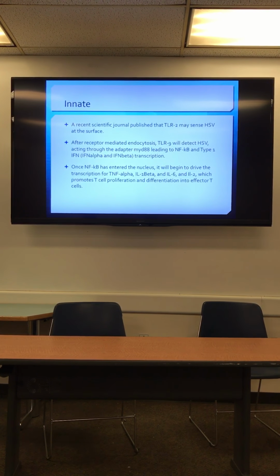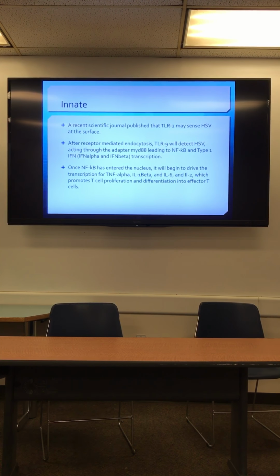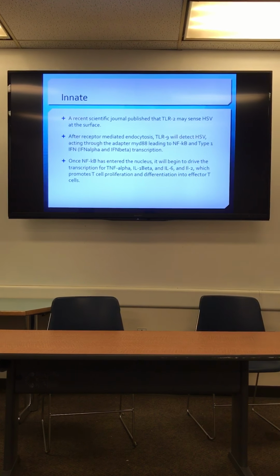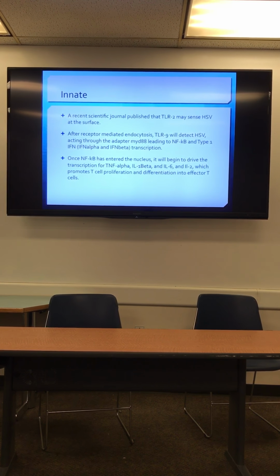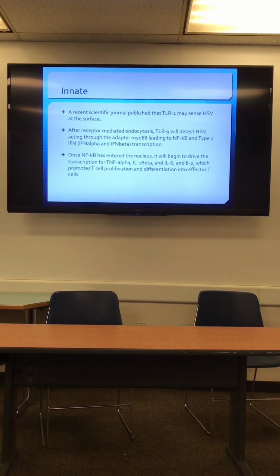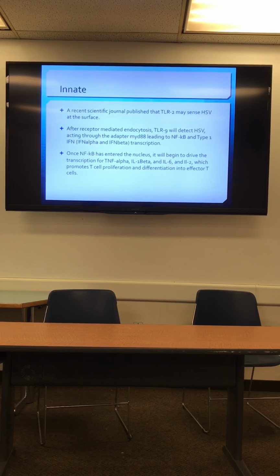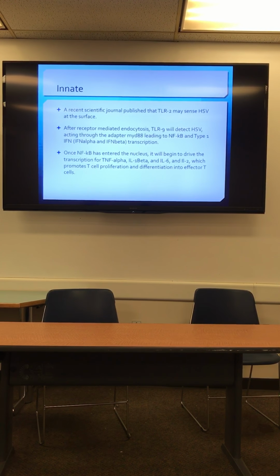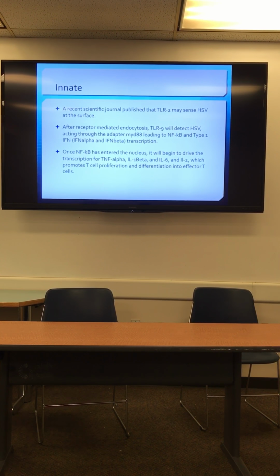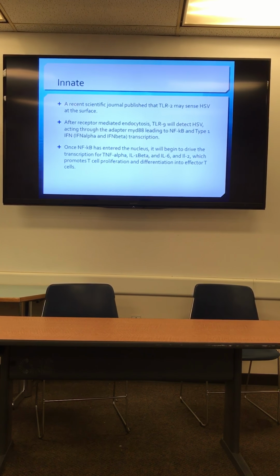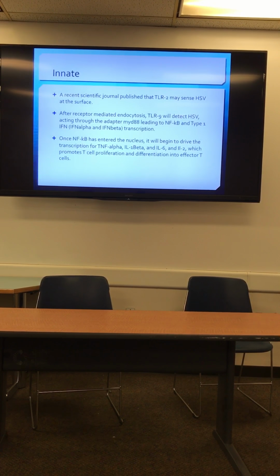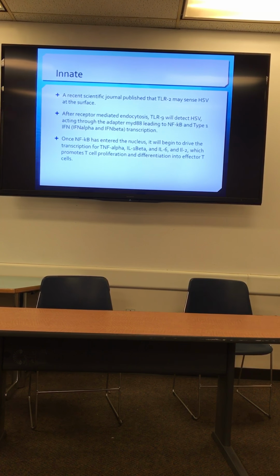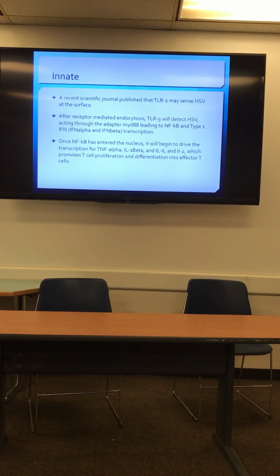So talking about the innate immune system, a recent scientific journal published an article that said that TLR2 may sense the HSV virus at the surface. So this is one of the TLRs that we can use to find this virus. Another one, and more commonly known, is during receptor-mediated endocytosis, TLR9 in the endosome will detect the herpes simplex virus, and it acts through the adapter MyD88, and this leads to NF-kappa B, which, as you know, leads to inflammation, and also type 1 interferons, interferon alpha and interferon beta.